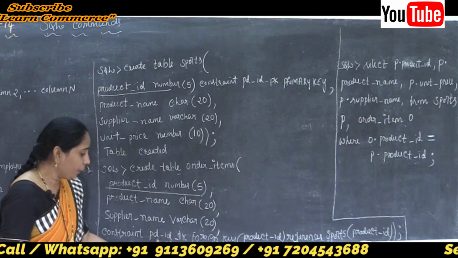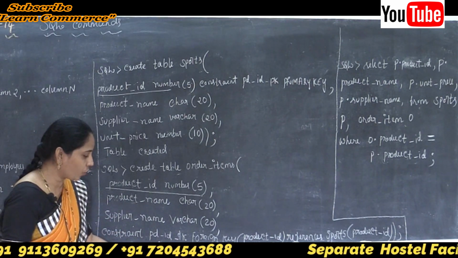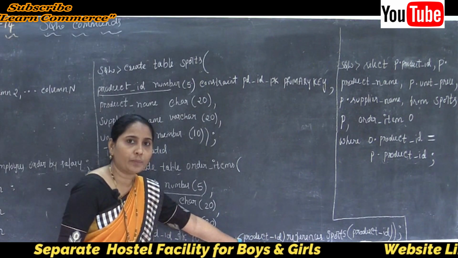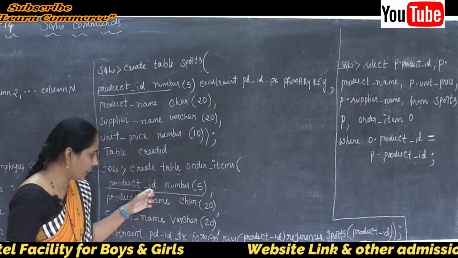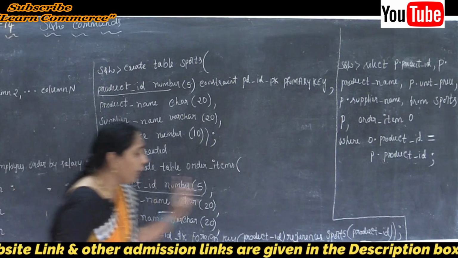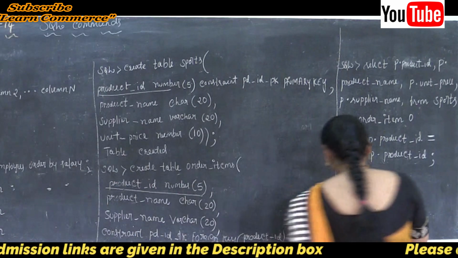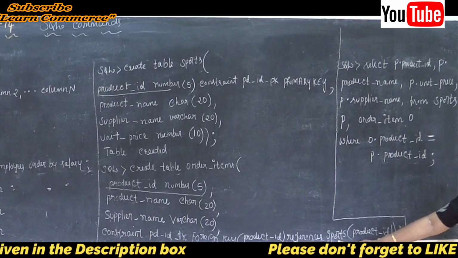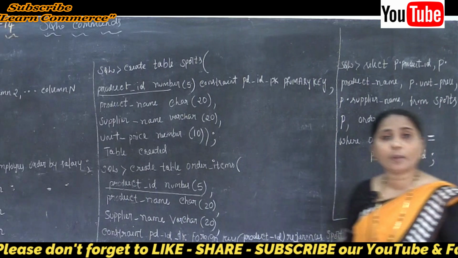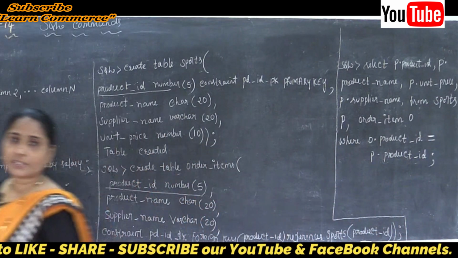So constraint PD underscore ID underscore FK foreign key, I selected from this column the product underscore ID referencing the first table. The first table name is sports, referencing the column product underscore ID.